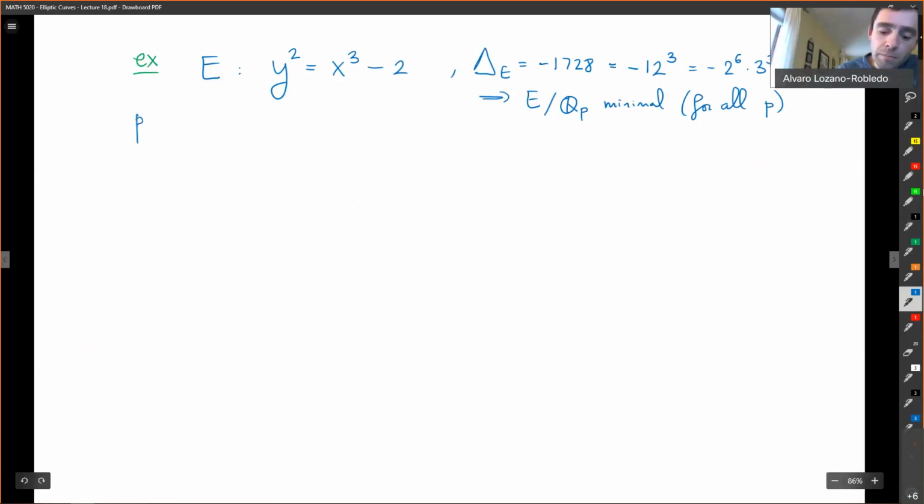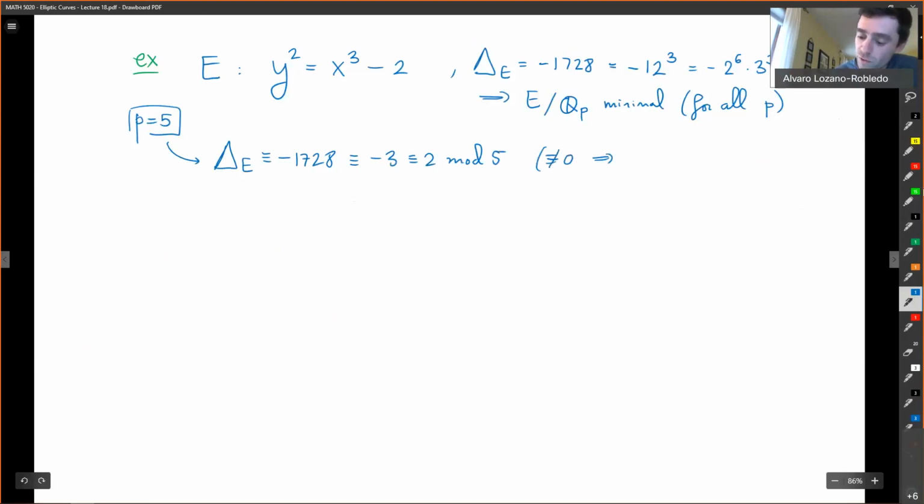So let's pick 5 and consider now the reduction map. By the way, at p equals 5, delta is minus 1728, so it's minus 3, so it's 2 mod 5, which is non-zero, and therefore the reduction, if I consider E over F5, is smooth, so it is an elliptic curve.